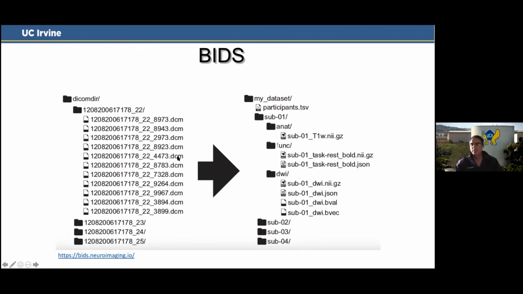In the past, each lab would essentially write their own parser to parse through the DICOM header metadata and rename things. What BIDS really did was formalize the renaming of things and said, if you rename things this way and we make it a community standard, then everybody can understand what's in data sets, as opposed to getting a bunch of DICOM files or some custom directory structure from a lab that you don't understand.